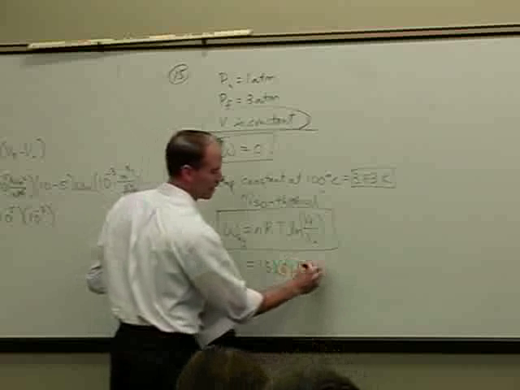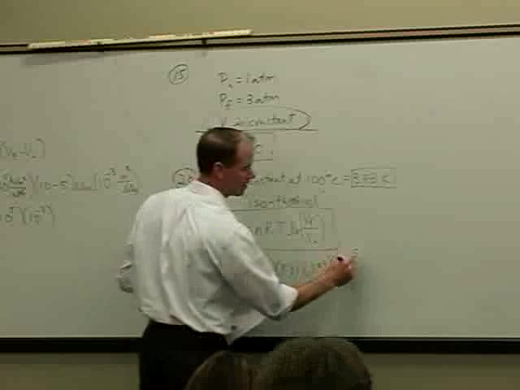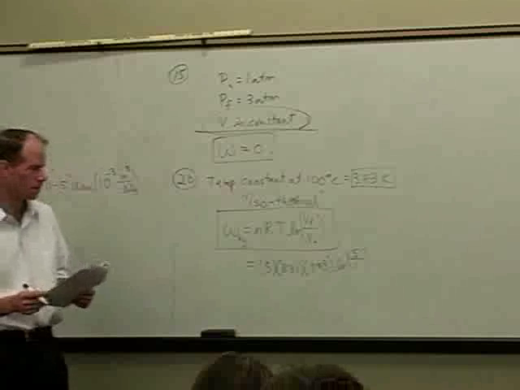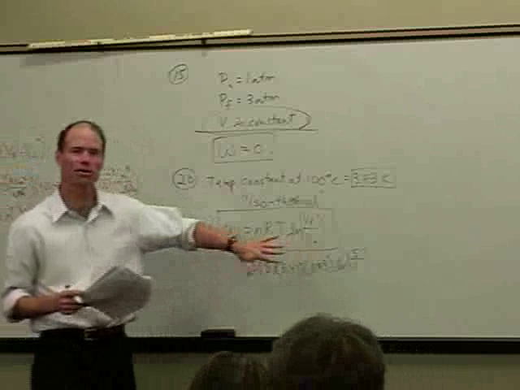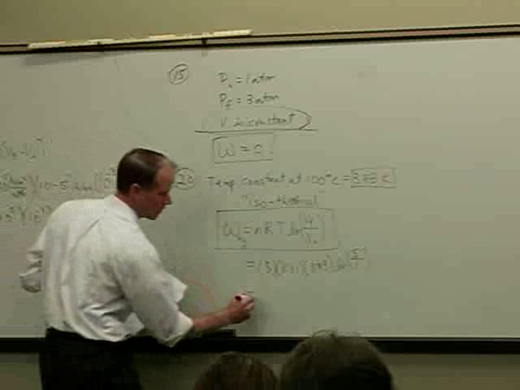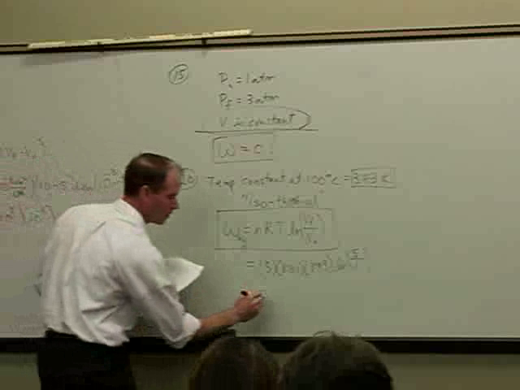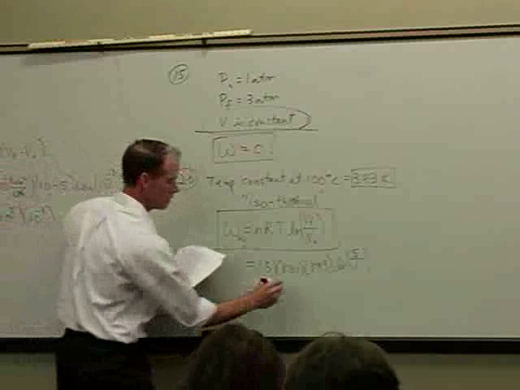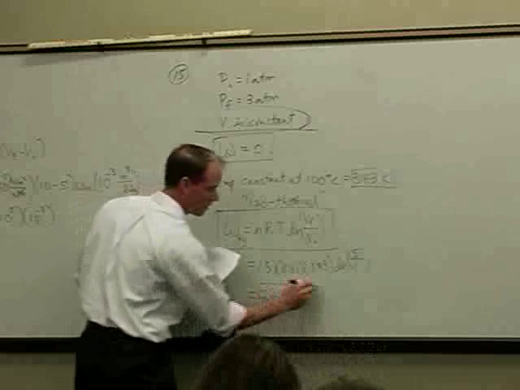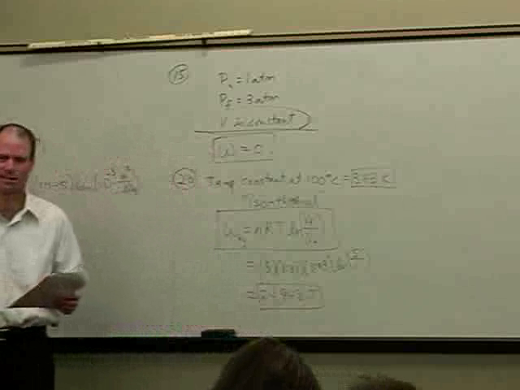Temperature is 373. Natural log, final volume 5 liters over initial volume 1 liter. So now all of our units are SI units. If I do that, I come up with 24,943 joules as the work done by the gas.